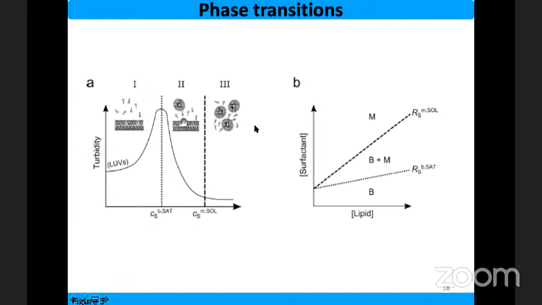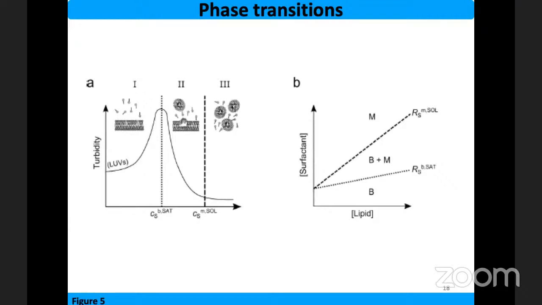With this, you can represent it graphically in what is known as a linear regression graph, where you have the bilayer phase, and we have a coexistence stage where we have the bilayer plus the micelle.